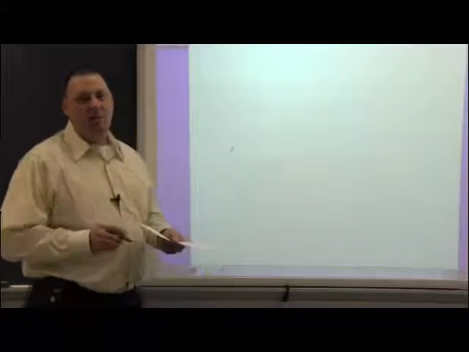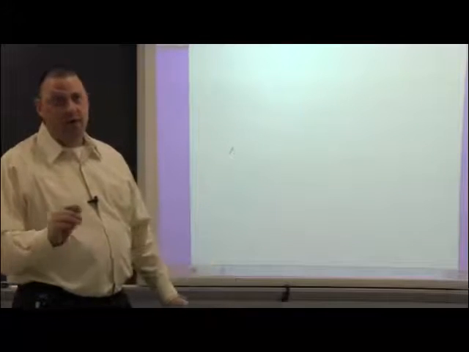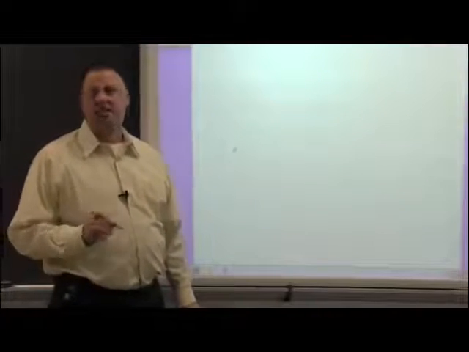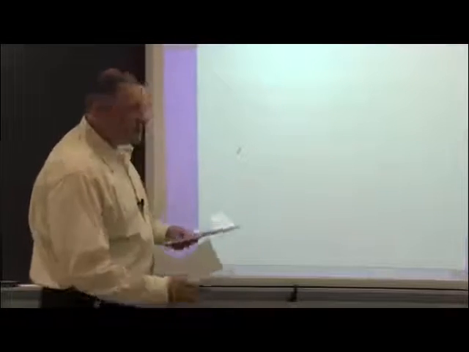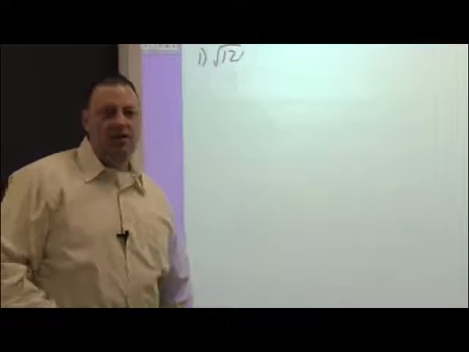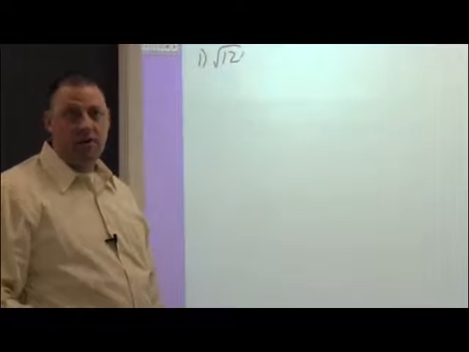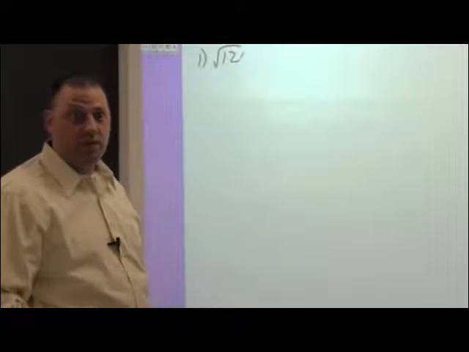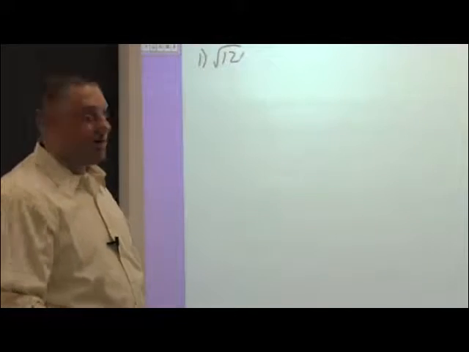Okay, let's talk about operations with radicals. But before we can do anything, we need to know how to simplify radicals, such as the square root of 12. You need to be able to write that as a product of two numbers, one which is one of those perfect squares, such as 4 times 3 is 12.